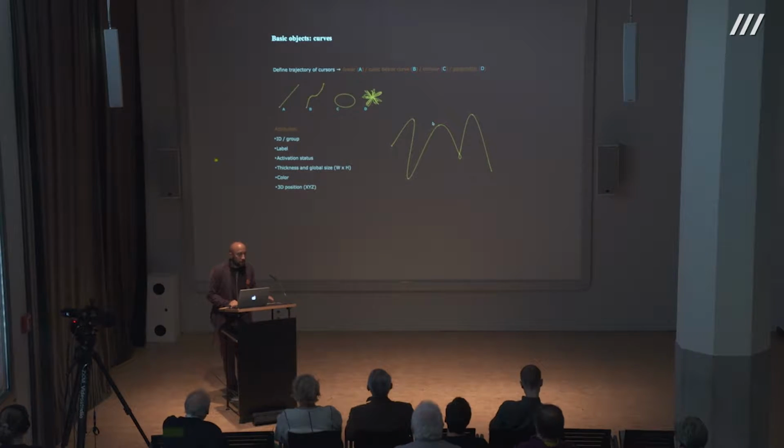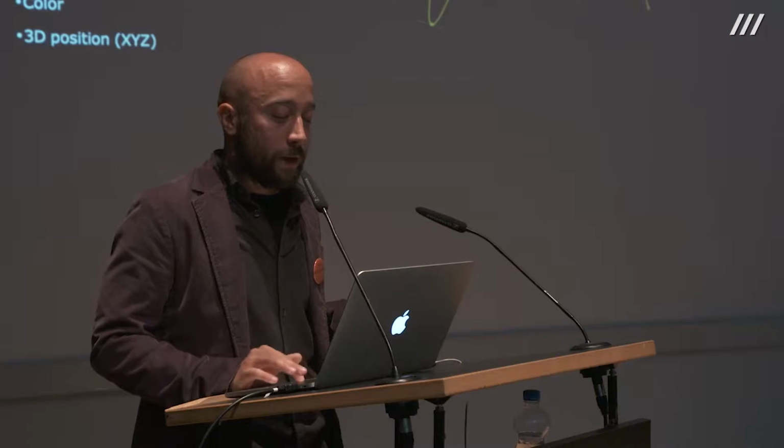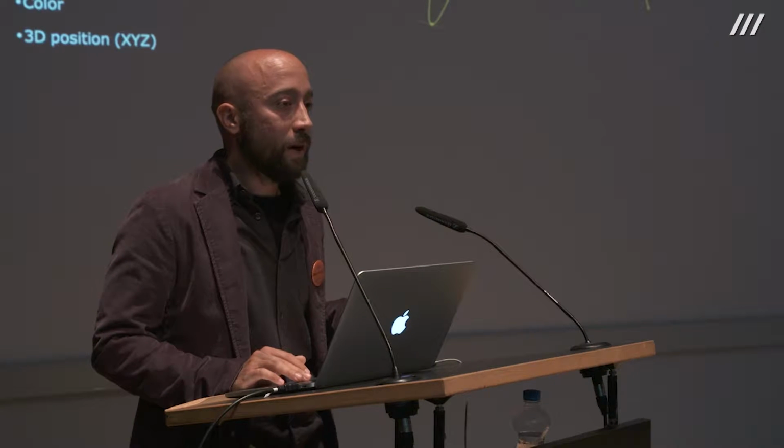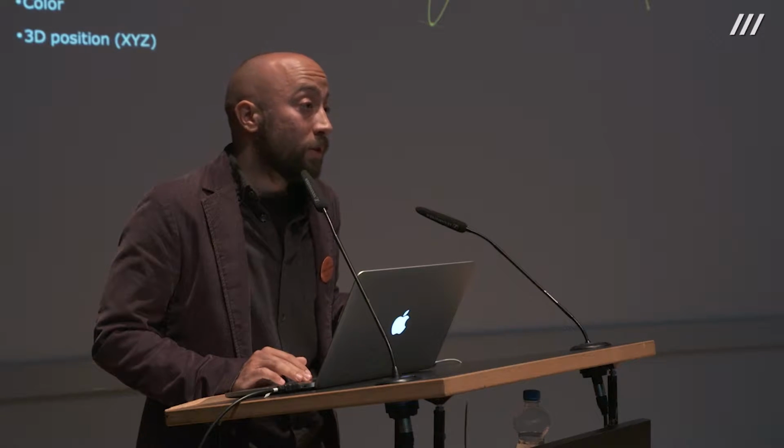So curves can actually have four different shapes. It can be a ramp, so a linear shape, it can be a cubic Bezier curve, it can be circular or elliptic, and it can be parametric, so defined as an equation.